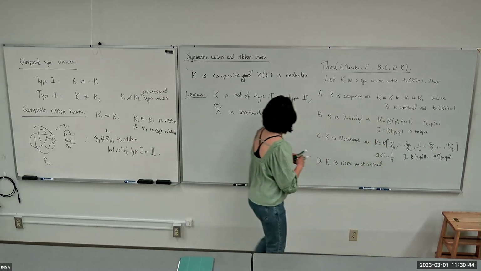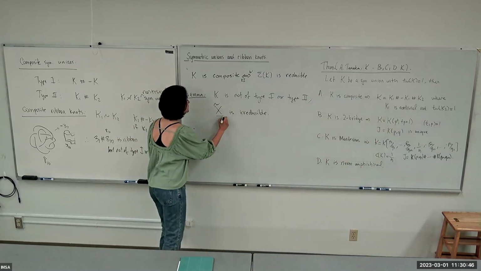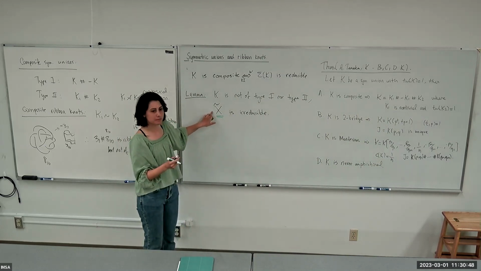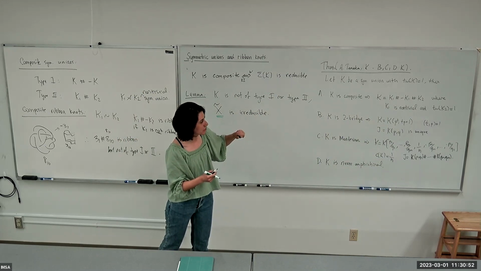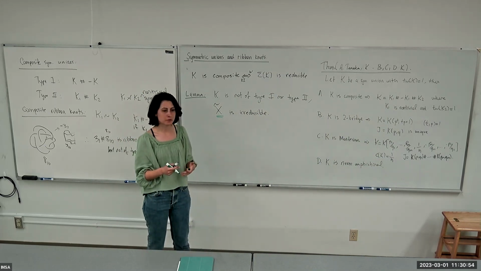Maybe a little note here. It's important to note that this X tilde, in general, is not going to be a manifold with a torus boundary. It will have multiple boundary components, each of which is a torus.